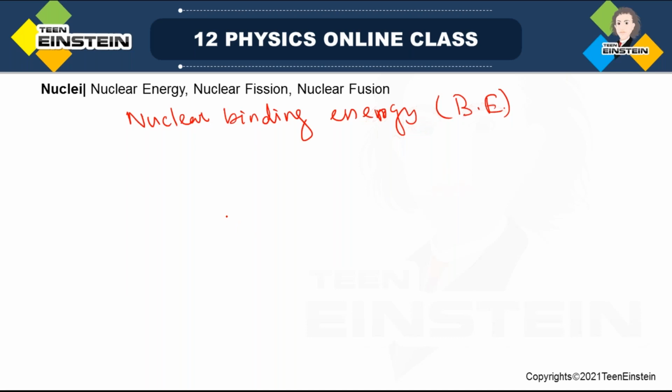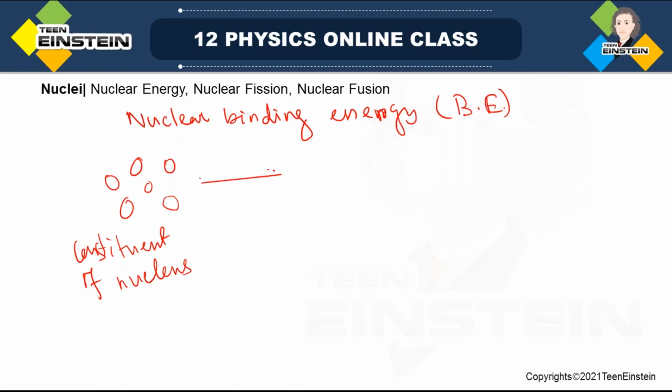See, this binding energy we had already discussed. A nucleus has protons and neutrons. Suppose you have the constituent protons and neutrons of a certain nucleus, and then they combine to form a compact nucleus like this.